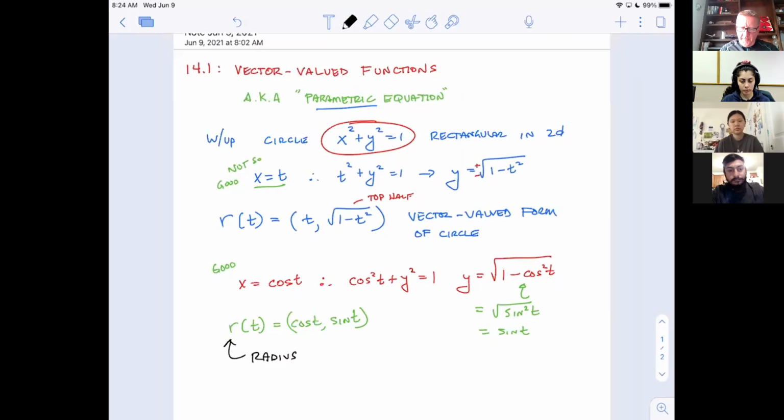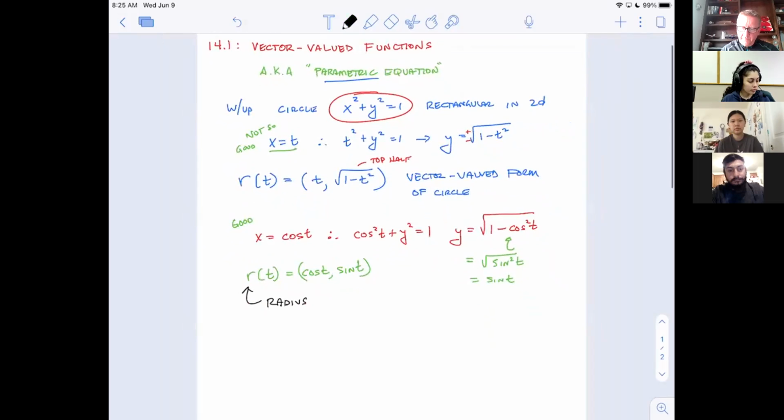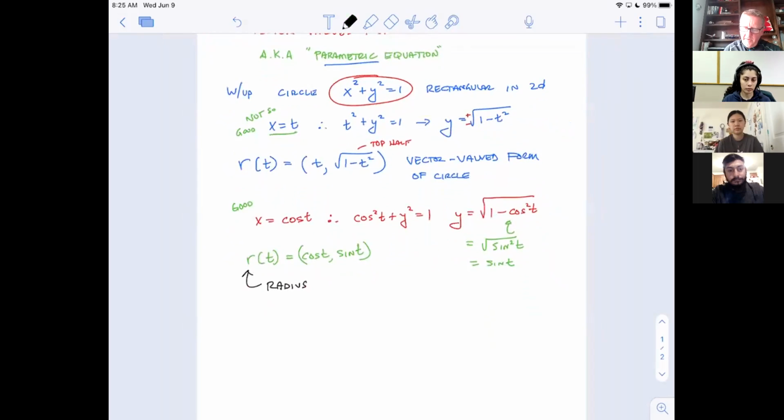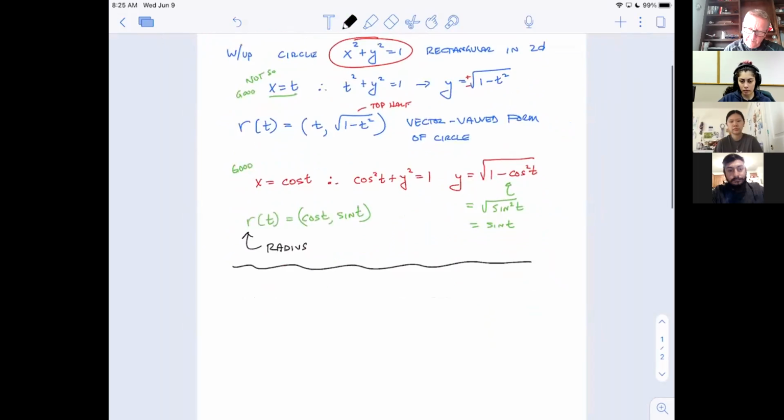Let's go play around with something else here, kind of a second example. What do you think this might look like? So this time we're going to go 3D.